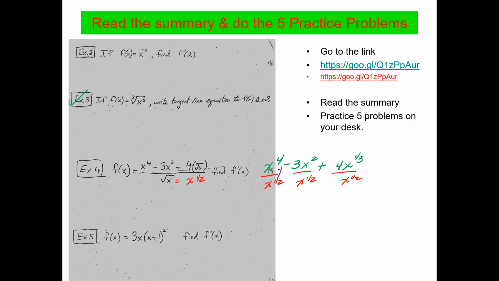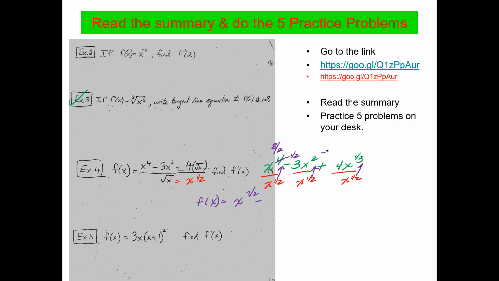I want to move this up, which will give you a negative 1/2. So you don't want to have a 4, you want to have an 8/2. So you have a common denominator. So then my first one here is going to be x to the 8 minus 1/2, which gives me a 7/2.